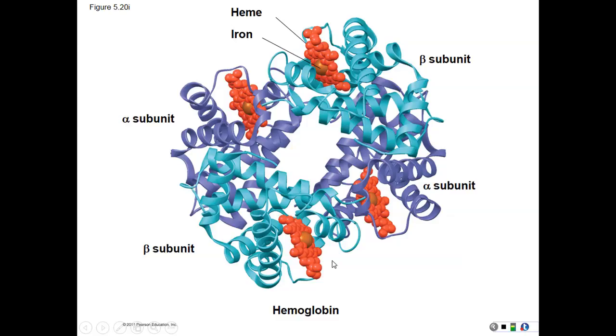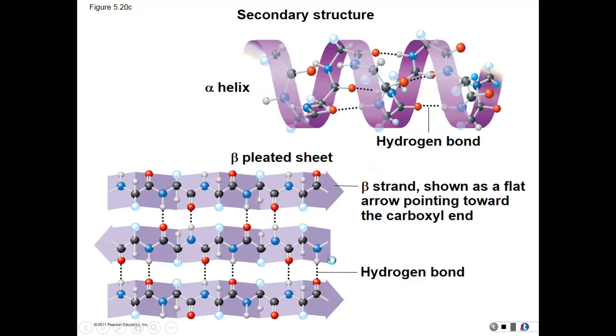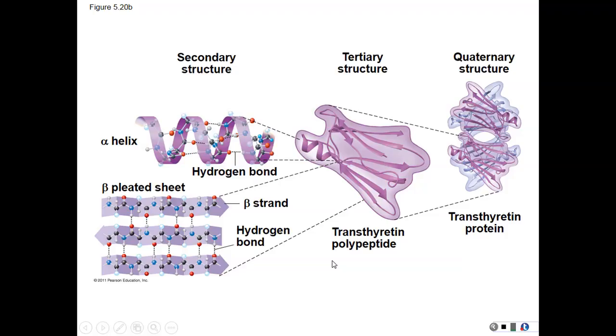There's one more thing. From what I've just been telling you, you might think that if you give me the primary structure of a protein, I can do some magic, probably using a computer, to tell you, here is the tertiary structure, here is the quaternary structure, this is what the protein does.